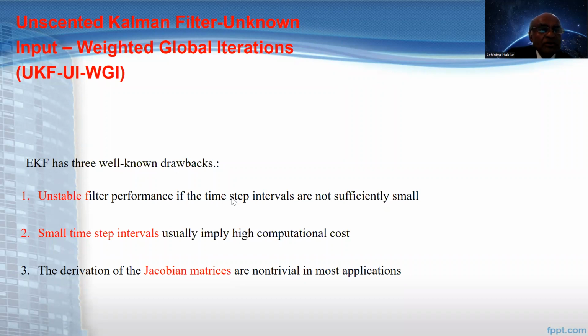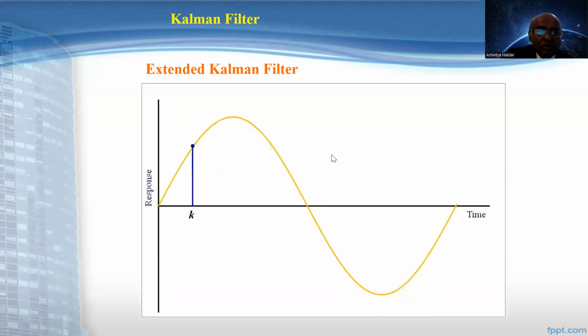Now, to implement a Kalman filter-based approach, we have to take derivatives or Jacobians. If the nonlinearity in the response is severe, then it may not converge. So we were looking for an algorithm where we do not need to take derivatives. For the extended Kalman filter, as I said, we need to have derivatives or tangent.